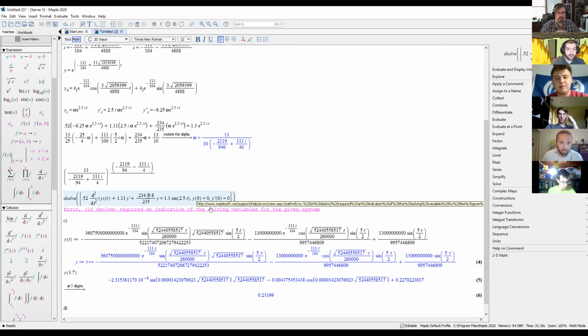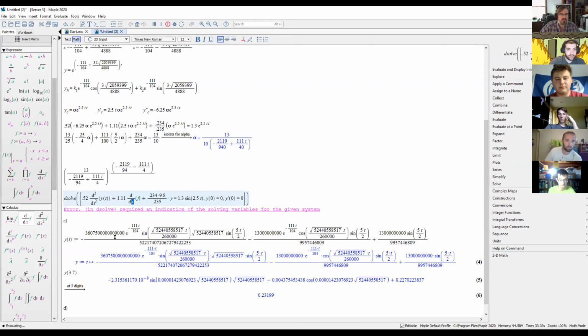So should I put these in parentheses? Just do a little multiplication. Yeah, Maple's pretty picky about that. And just for giggles, make that one dy/dt, and then change that one to y(t). I think you'd be good.